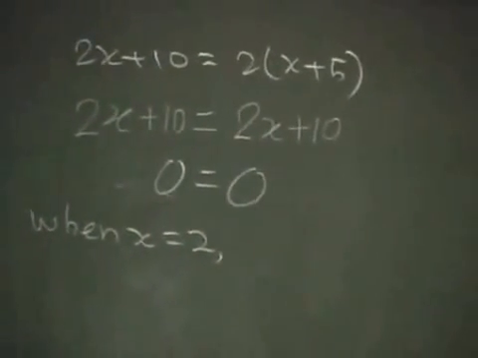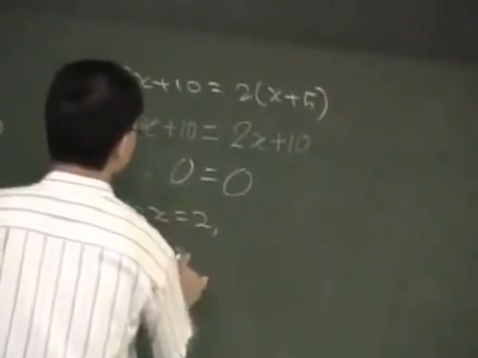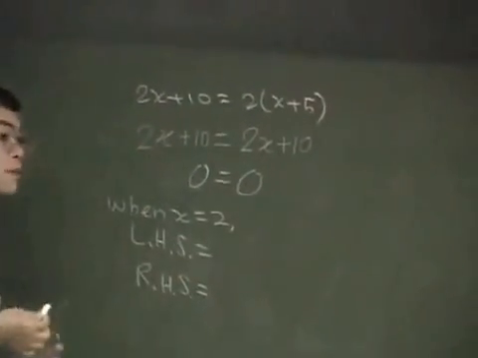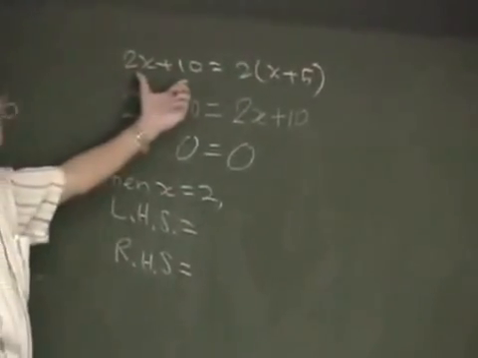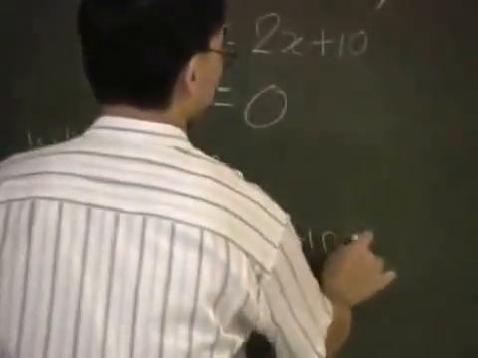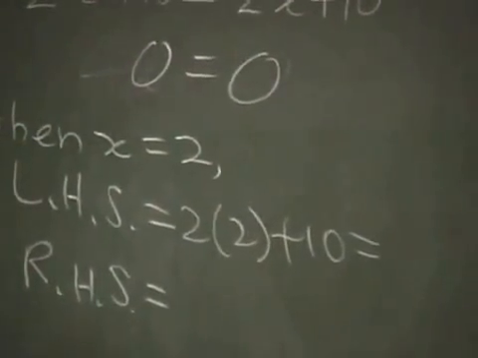When x equals 2, I try to compare the left hand side and right hand side. Left hand side is 2x plus 10. Answer? 14.